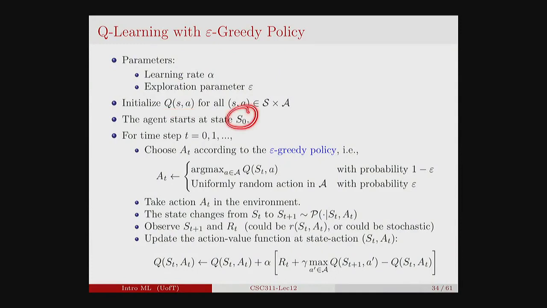You're going to start in some state, and then for time step t equal to 0, 1, all the way up until you've satisfactorily learned a Q matrix, you're going to choose the action according to the epsilon greedy policy, which is going to flip a biased coin that has probability of heads being epsilon. If the coin turns up heads, then you're going to sample a random action among all the actions you could take. And if the coin turns up tails, you're going to pick the greedy action, which is to pick the argmax over A in the action space of Q of S_t comma A.